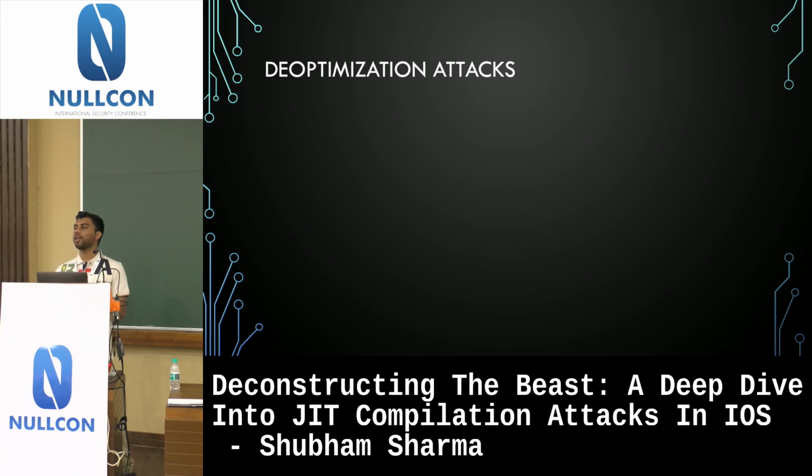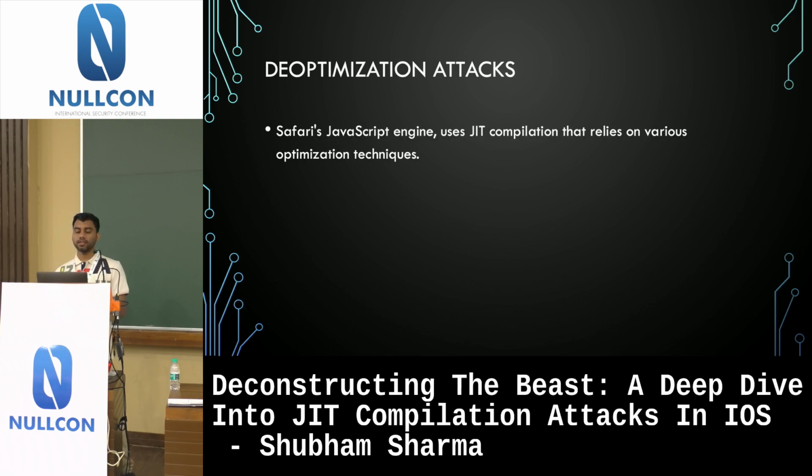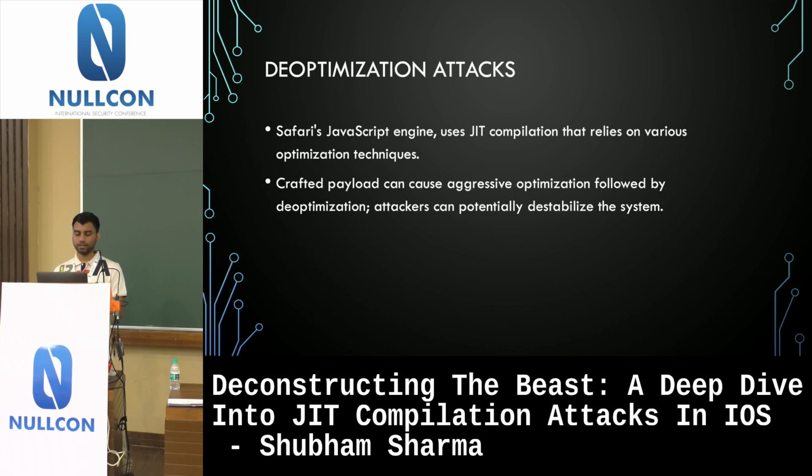But if we increase the normalization, like to the fifth, sixth or seventh degree, the data will be so atomic that it would not serve any purpose. We can compare this with the de-optimization attack. If an attacker sends a payload to the JavaScript engine which is optimizing the whole thing, that can lead to de-optimization, or destabilization of the entire system.